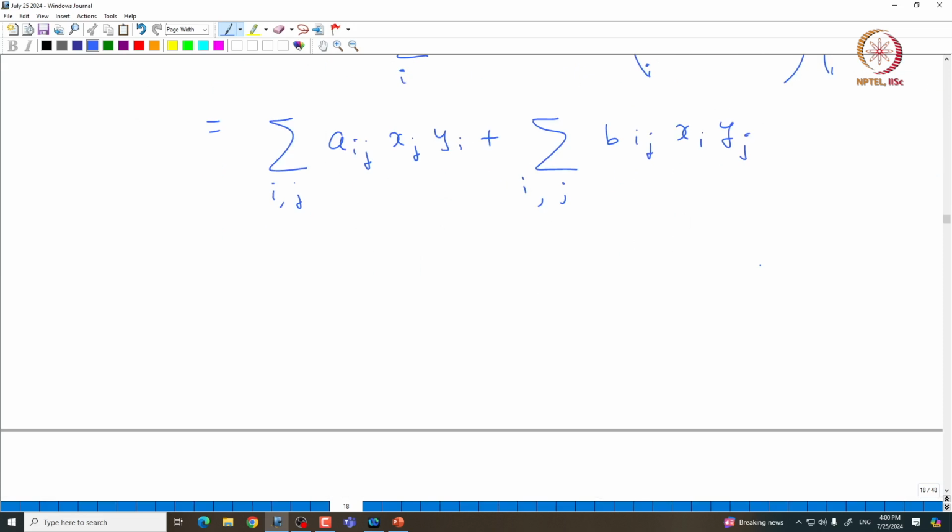So, now if you just think about it, if you look at the coefficient of x_i y_j, okay, maybe the other coefficient you can take x_j y_i. So, you are getting here a_ij, but here if you take that you get b_ji. So, that is what you get. So, this will be the coefficient.